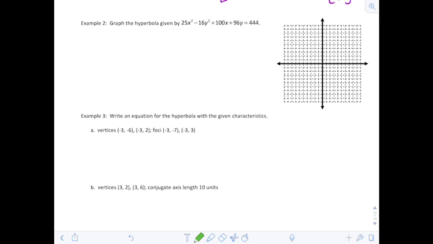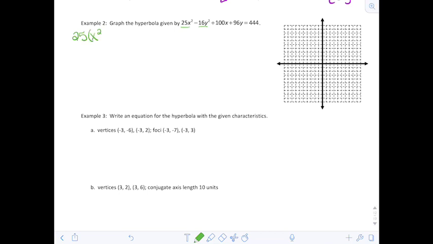So we're going to graph the hyperbola that's given by this equation in standard form, and we're going to write it in our other form where we have x minus h all squared and y minus k all squared. So we're going to get the x's together, and at the same time, I'm going to factor out the 25 and the 16 from my x squared and my y squared. So as I factor out 25, I have x squared.